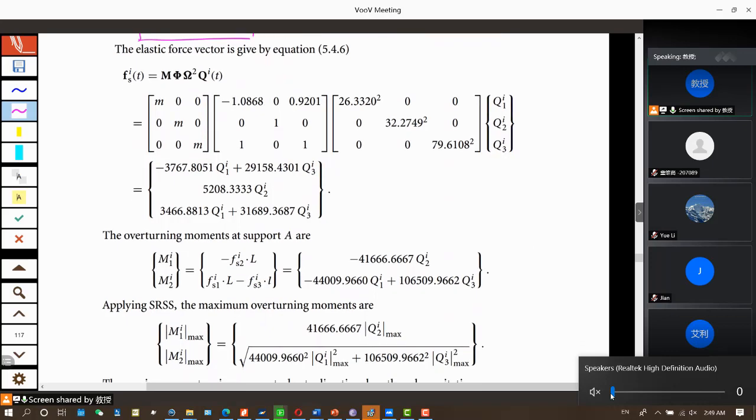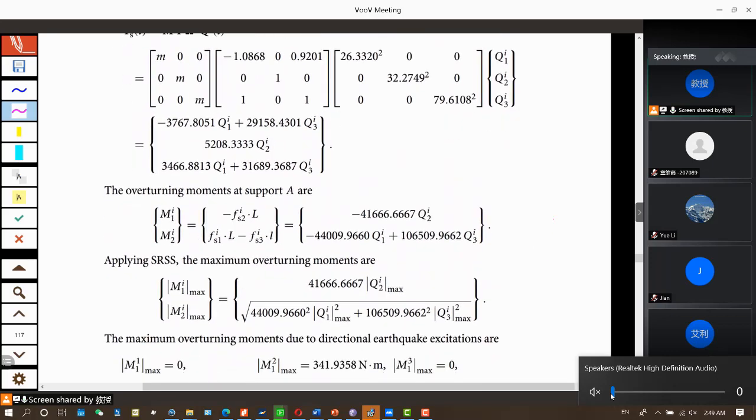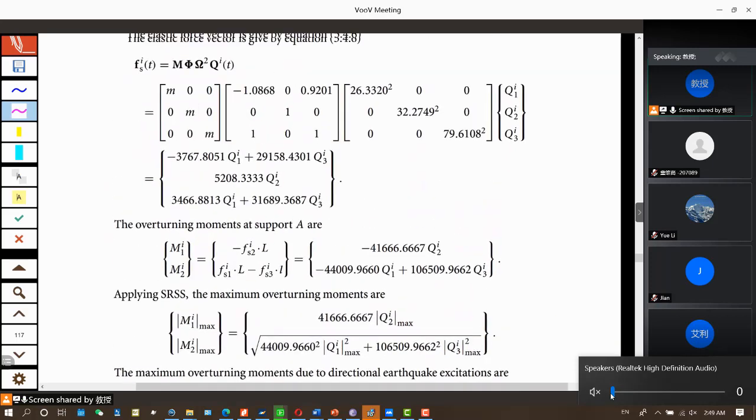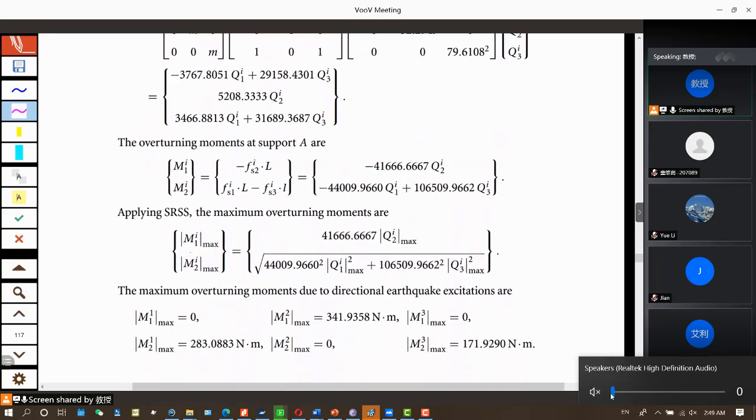Now M2 has 2 terms, this term and this term. So we have to use SRSS: first term squared plus second term squared. You can plug in and find the value. Now again, we have 3 directions, so you have 1, 2, 3, and you combine these 3 values using SRSS for directional contributions.